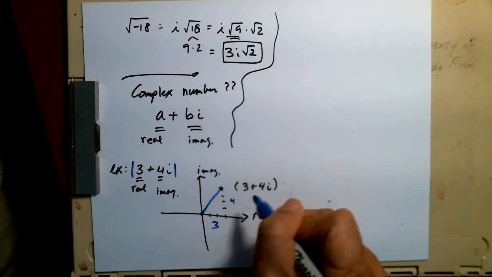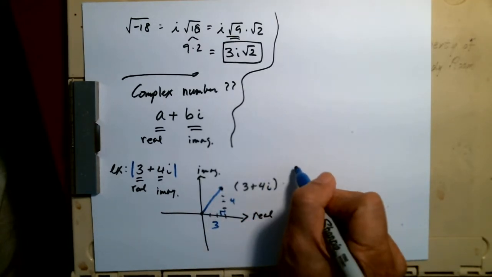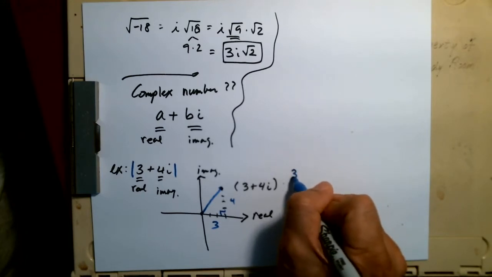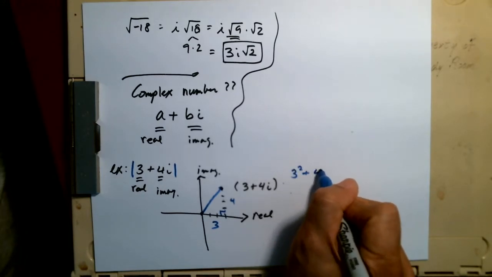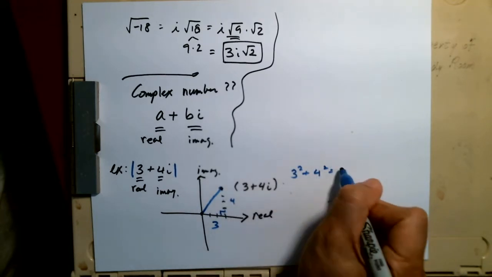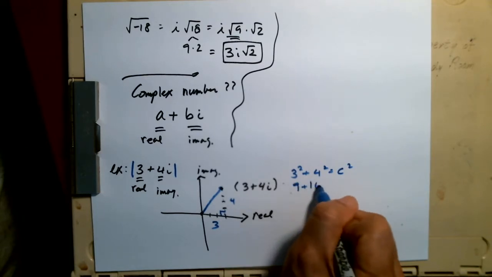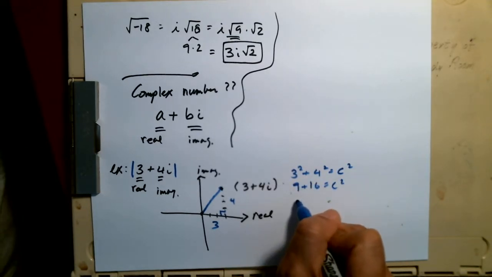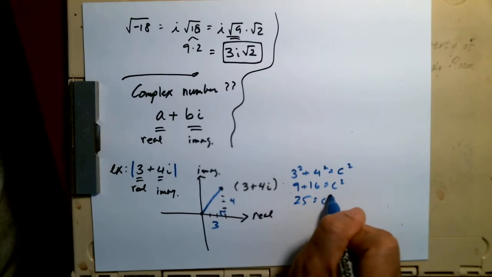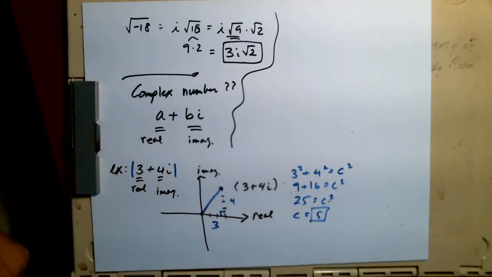We know that it's a triangle, and we also know that the Pythagorean theorem holds. 3 squared plus 4 squared is equal to, you don't need the i at all, c squared. 9 plus 16 is equal to c squared. 9 plus 16 is 25, is equal to c squared. So c equals 5. And there it is right there.